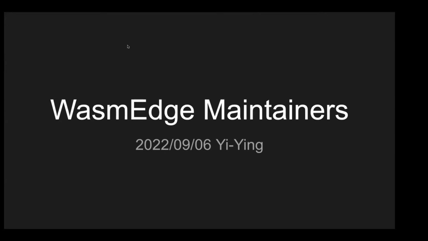Everything started from that, because other programming languages can use the WasmEdge library easily with the WasmEdge C API. With the C API, we started to have lots of language bindings, such as Go and Rust, and now we are developing Python and Java.